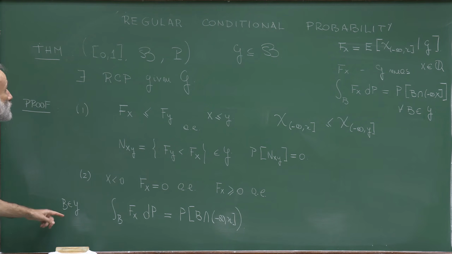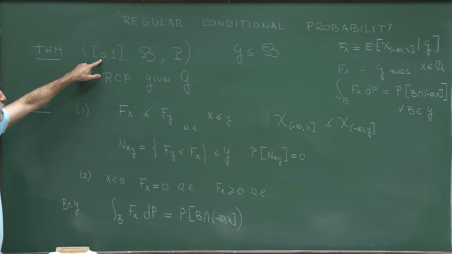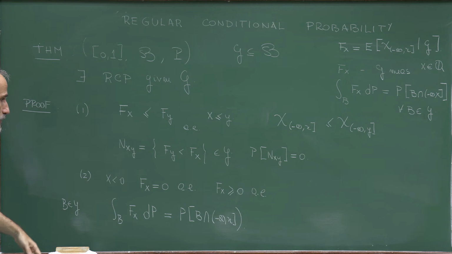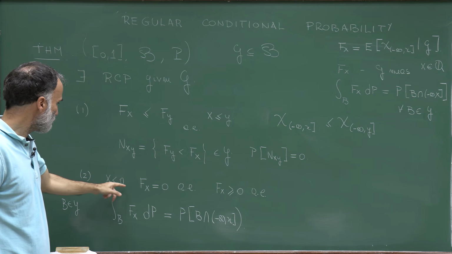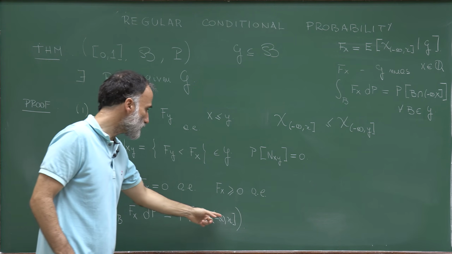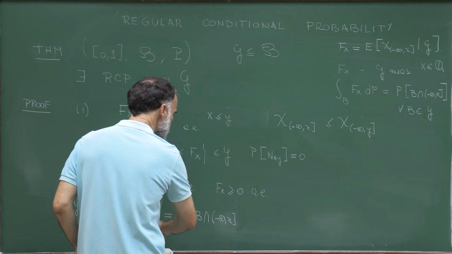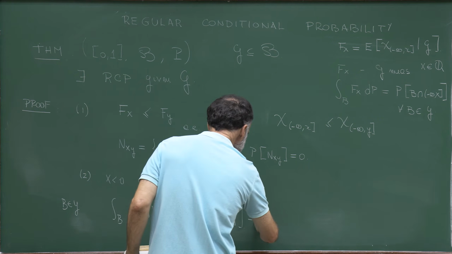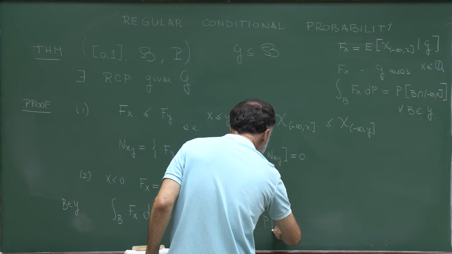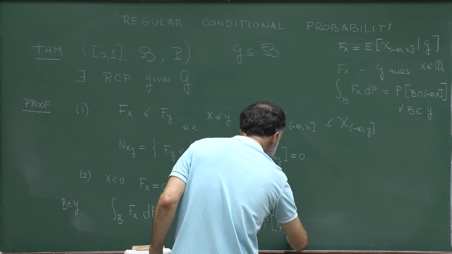But B is in G, and so B is a subset of [0,1], which is G measurable. And since x is less than 0, this intersection is empty, and therefore the probability of this set is equal to 0. So this is the probability of the empty set, which is 0.